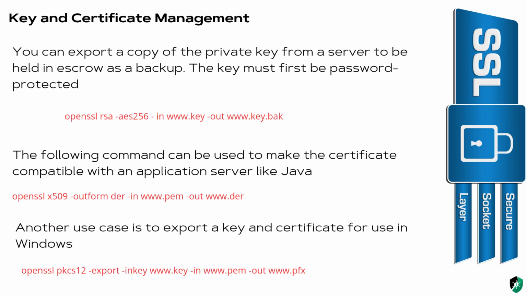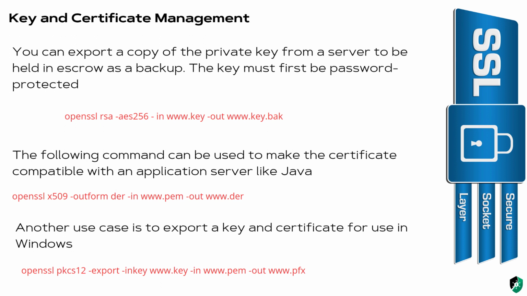Now, when it comes to key and certificate management, you could choose to export a copy of your private key from a server to be held in escrow as a backup. The key must first be password protected, and right there, that is the code. You can see the standard right there is AES-256. And then the following command, which you see right now, can be used to make the certificate compatible with an application server like Java.